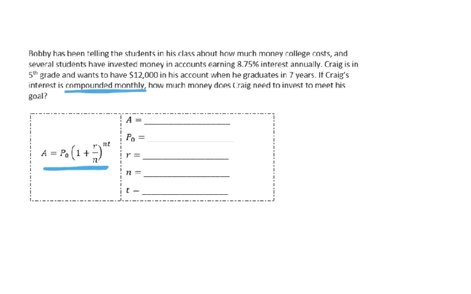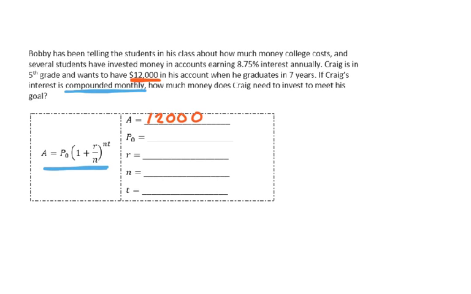substitute into our equation. So we are told that Craig wants to have $12,000 in his account after 7 years. So this $12,000 is our ending value. This is the amount of money that we want to have in our account after 7 years. So it is our A value.